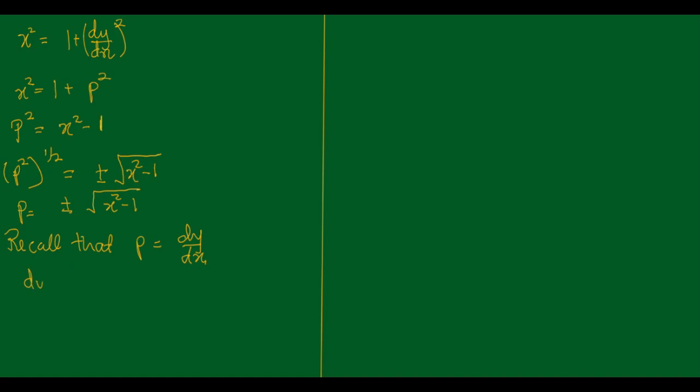So we have dy dx is equal to plus or minus square root of x squared minus 1. Our dy now becomes plus or minus square root of x squared minus 1 dx. So we can go ahead to integrate both sides now.